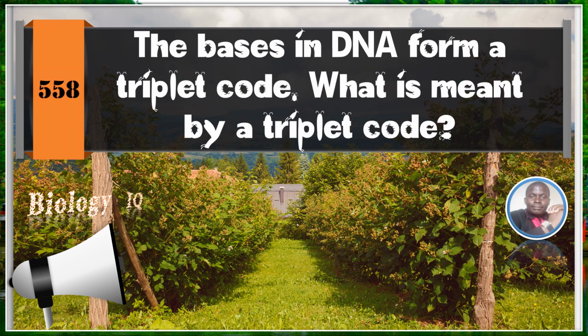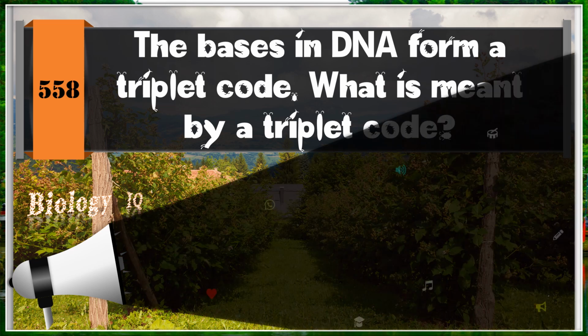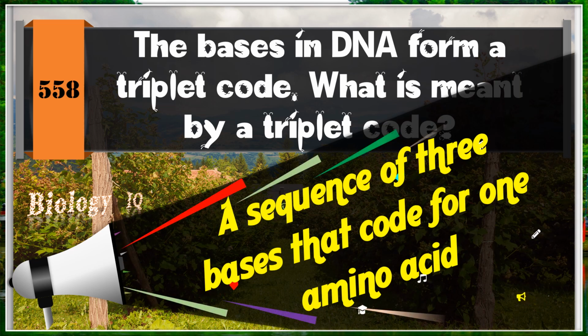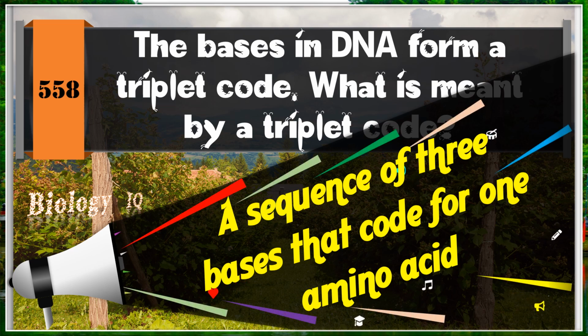The bases in DNA form a triplet code. What is meant by a triplet code? It's a sequence of 3 bases that code for one amino acid.